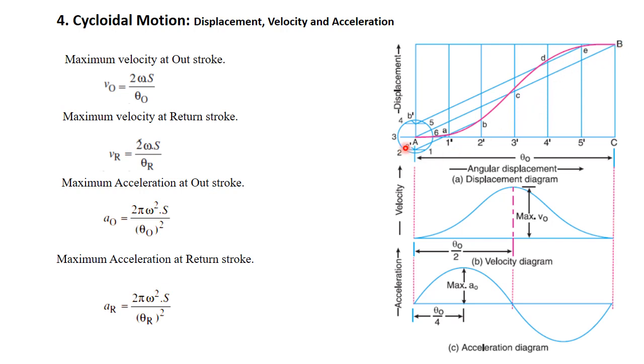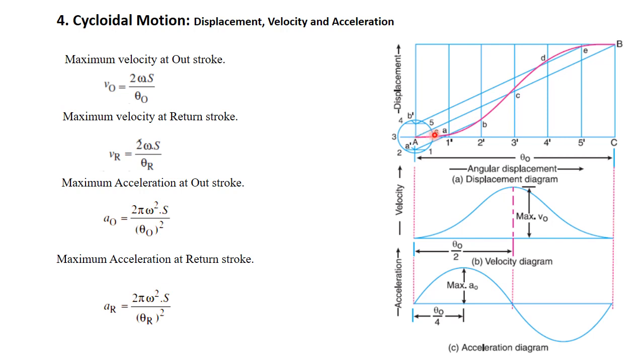So if we join these points with a smooth curve, this curve gives us the smooth motion of the displacement of the follower. So this displacement of the follower takes place with a very smooth motion.